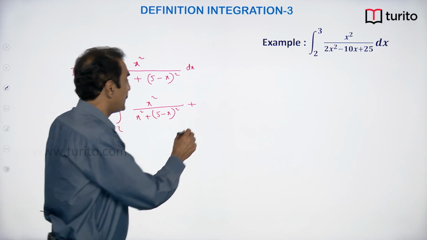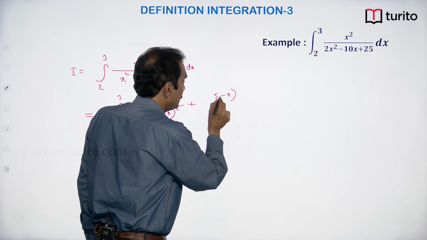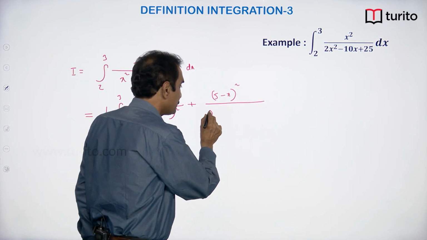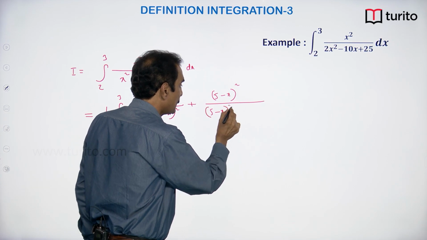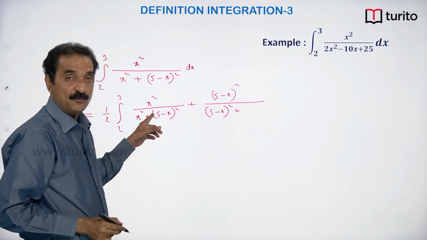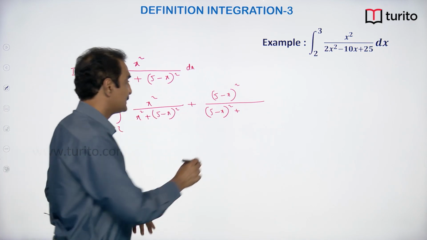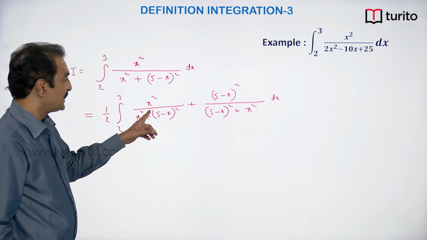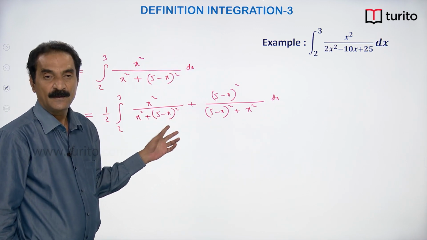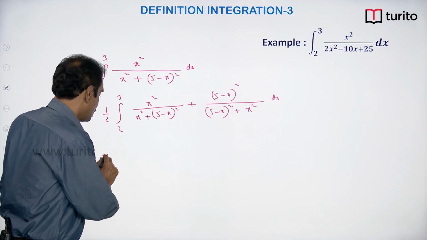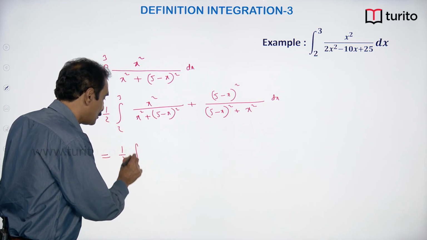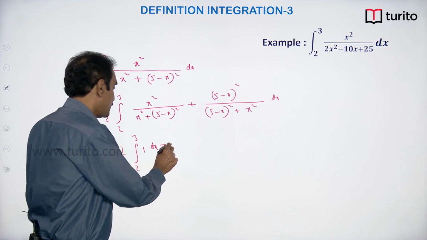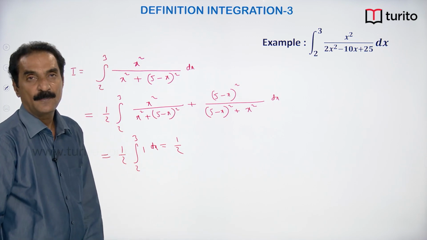You can replace x by 5 minus x, 5 minus x whole square by 5 minus x whole square plus, here 5 minus of 5 minus x is x. So, you will get x square dx. Now, observe it, what is the sum of these two? It is 1. So, half integral 2 to 3, 1 dx. If you calculate, finally you will get answer 1 by 2.